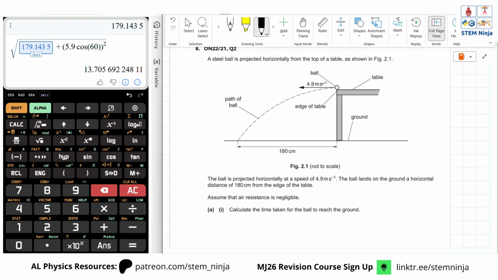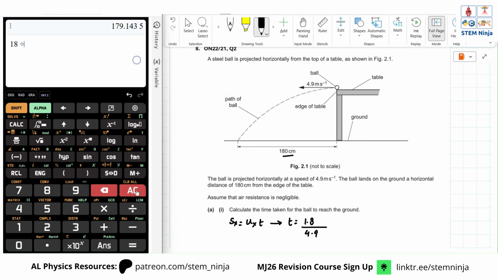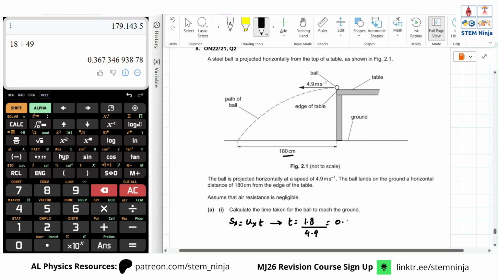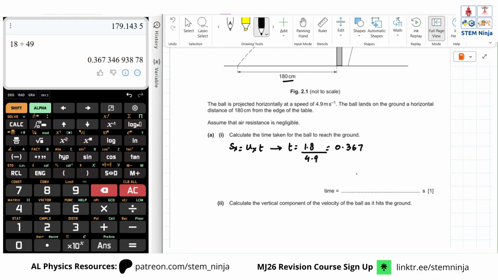Right, so we know the range now, so we can do Sx = uxt. So t would be Sx, 180 centimeters, which is 1.8 meters, divided by 4.9 because horizontal velocity does not change. So 18 divided by 49 because the decimal cancels out. 0.367. So 0.37 would be the answer.